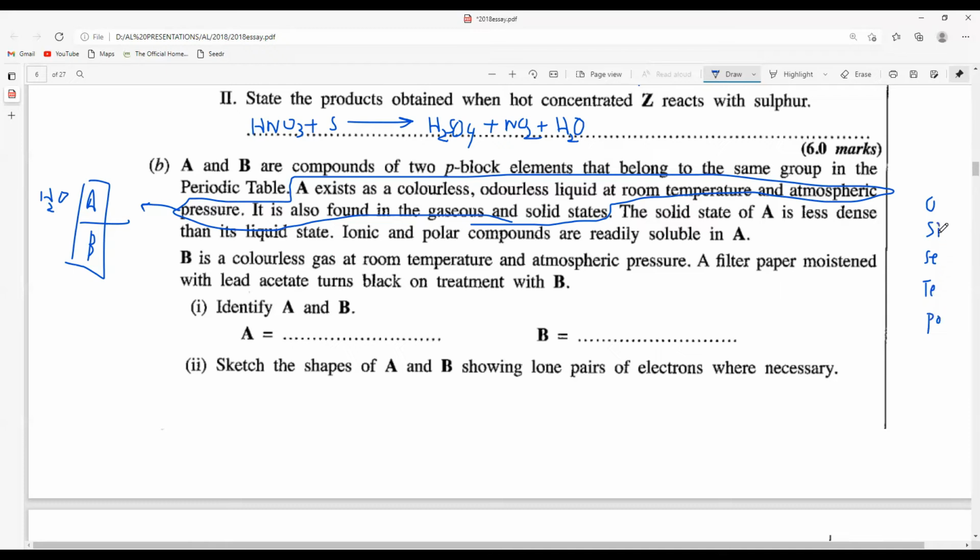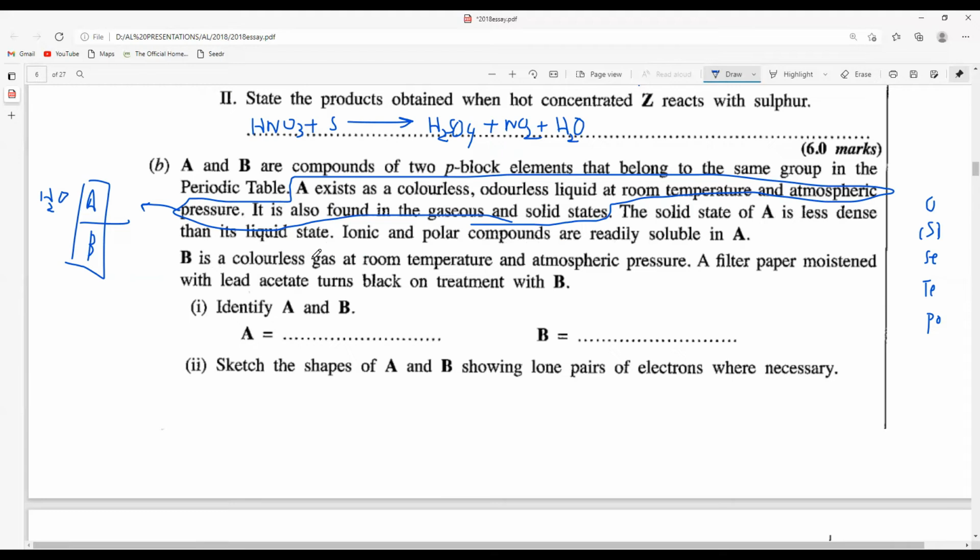Okay, this is sulfur. So the rest can be one of these, so we will check. The solid state of A is less dense than the liquid, so they are talking about ice. Okay, ionic and polar compounds are readily soluble in A, so that completely confirms this is water.